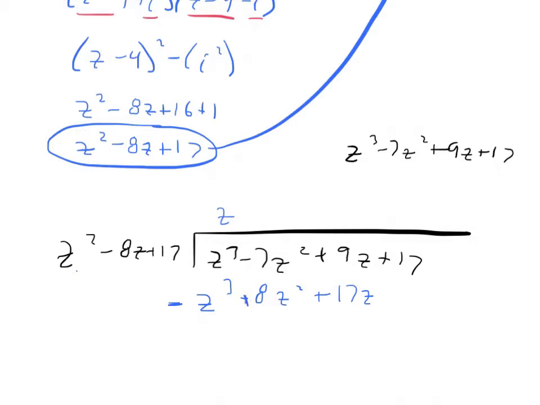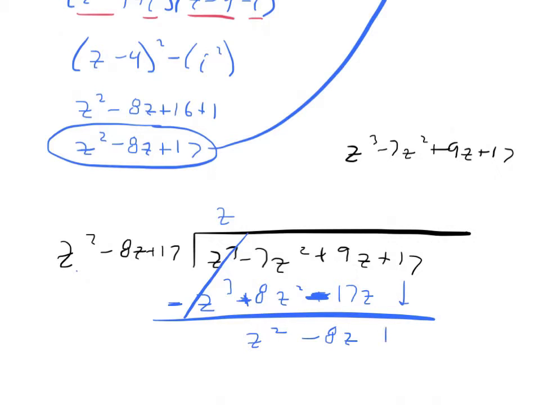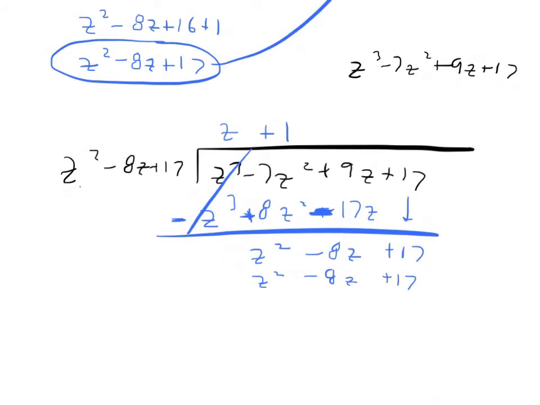Then we change all of the signs. That adds up to 0, adds up to z squared, adds up to 8z, and we have plus 17. This goes in plus 1 time, and when we bring these down, you can see that all these things are going to cancel out. When I change all these signs, this is going to add up to 0. So this thing went in that many times.